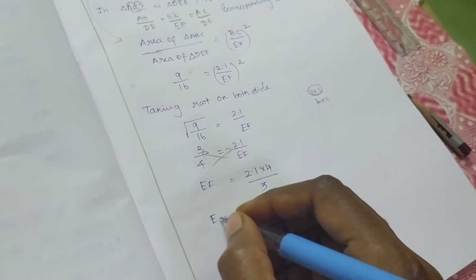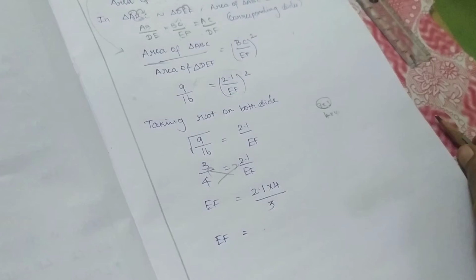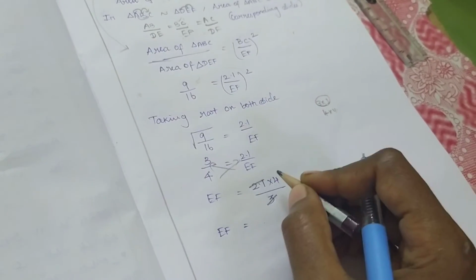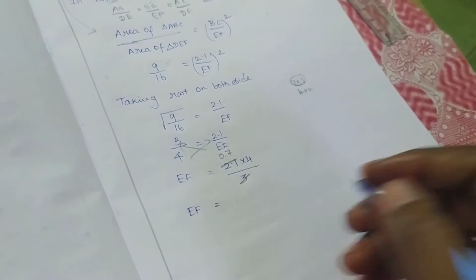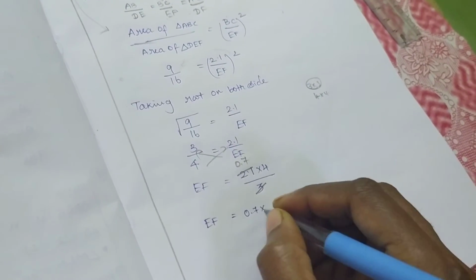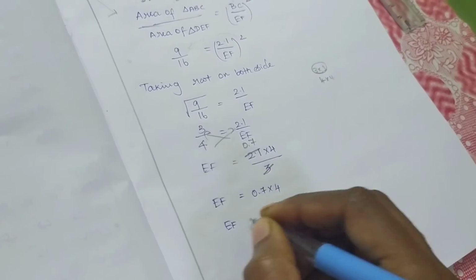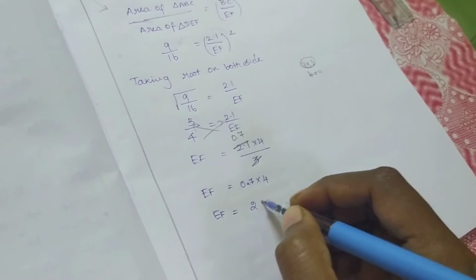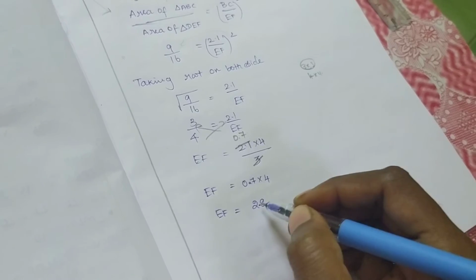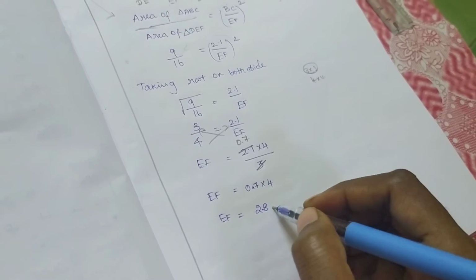EF equals 2.1 into 4 by 3. You can cancel: in the 3 table, 21 is 7 times, but there is a point, so 0.7. So 0.7 into 4. 4 sevens are 28, with one decimal place, so 2.8.